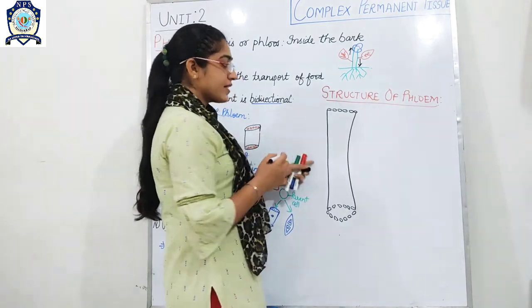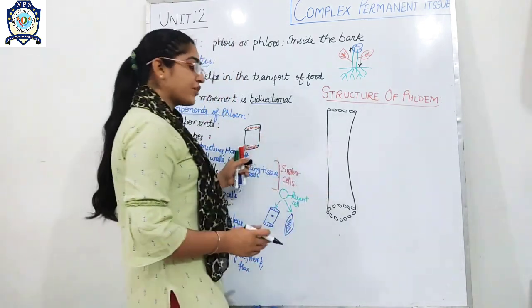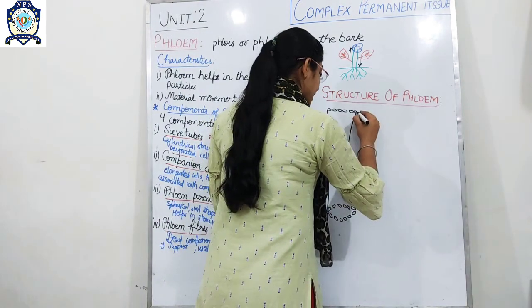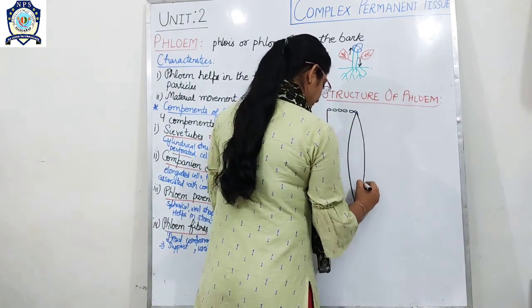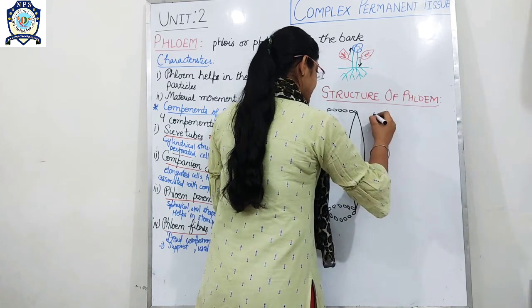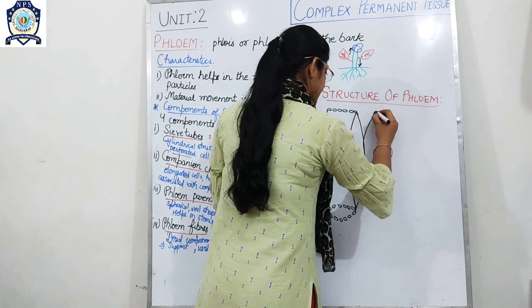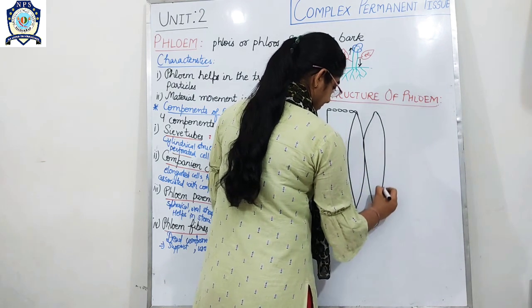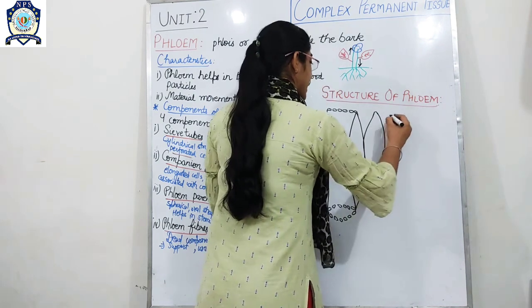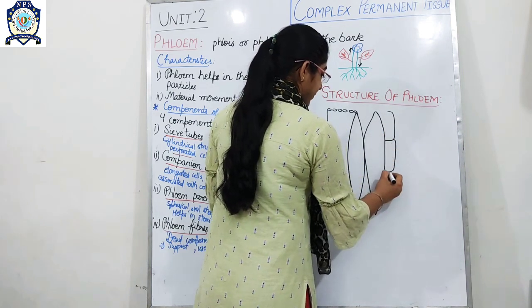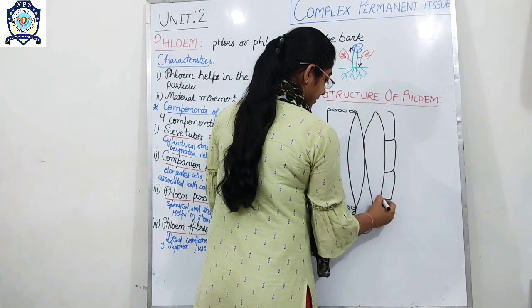Okay, so next, this is the sieve tube. Along with the sieve tube are associated the companion cells. So these are the companion cells, and along with it are present the phloem parenchyma cells.